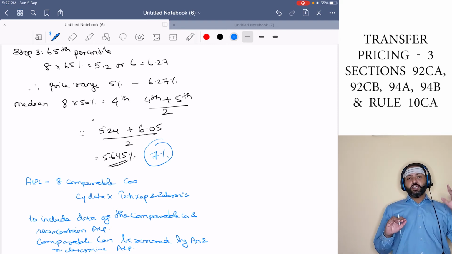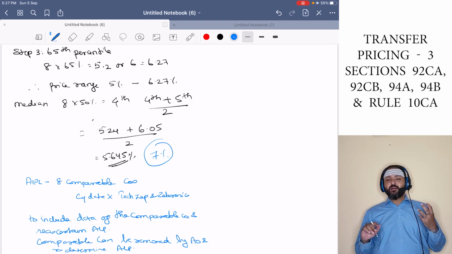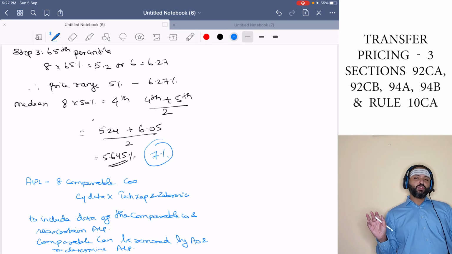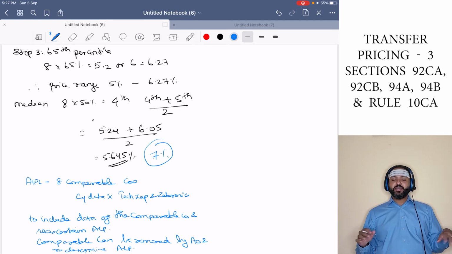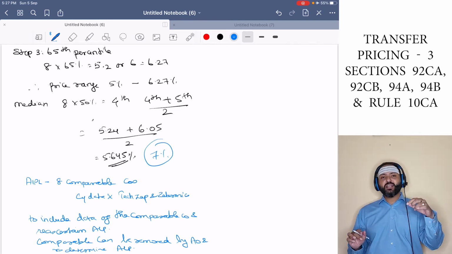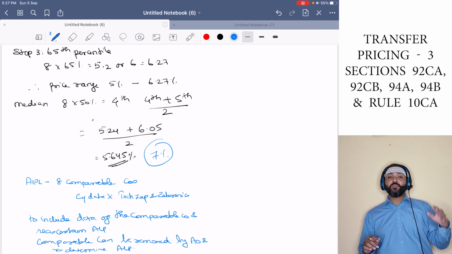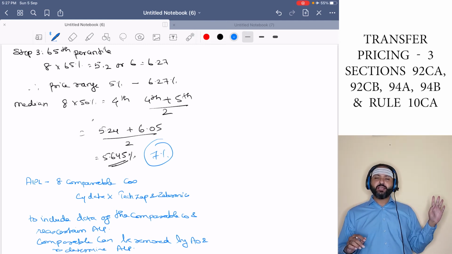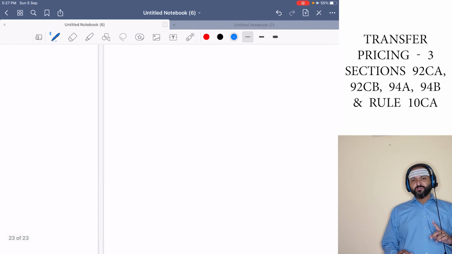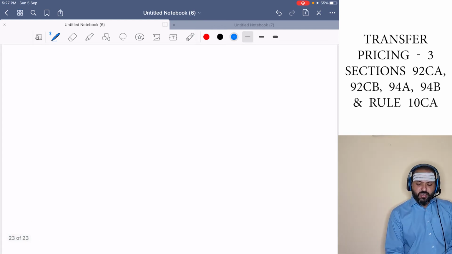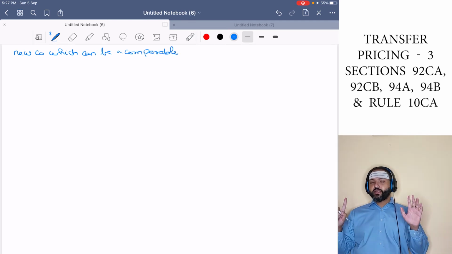The assessing officer. Case 2, he finds that a certain comparable is not going to be useful. It is not at all relevant. It has to be thrown out. Then he has the right to throw out that comparable and complete the arm's length pricing only with the remaining comparables. Third case, in due course, if he finds a new company which can be a comparable, then he can include it. So what can he do?